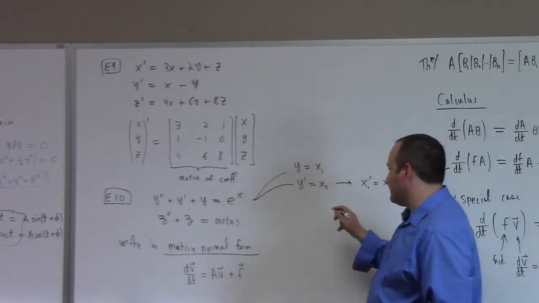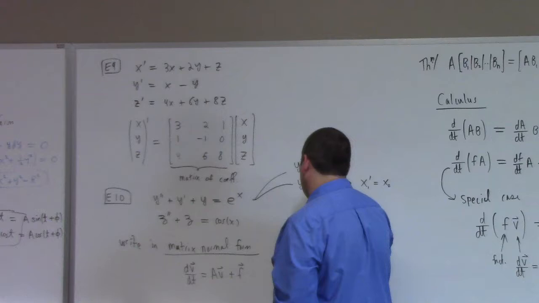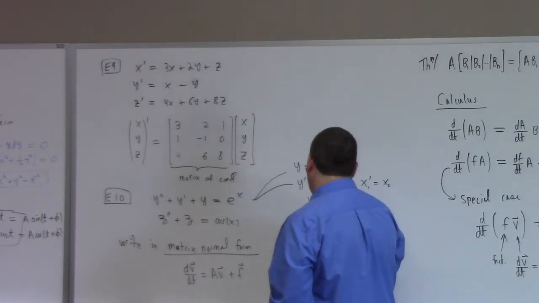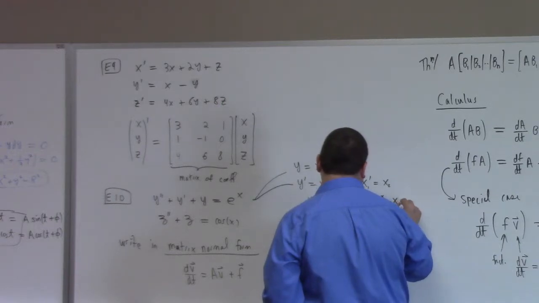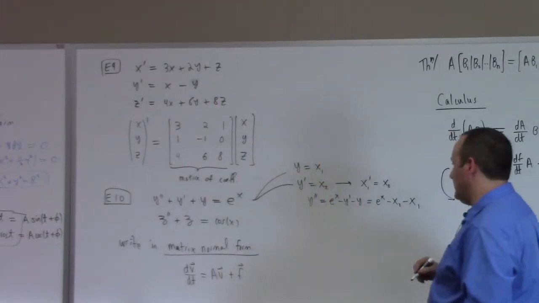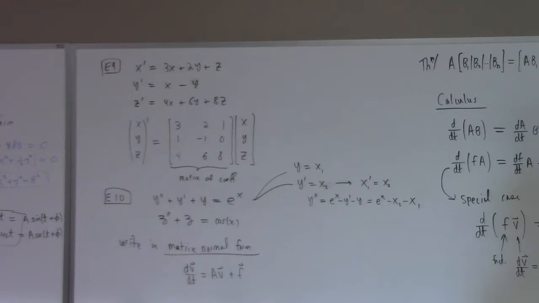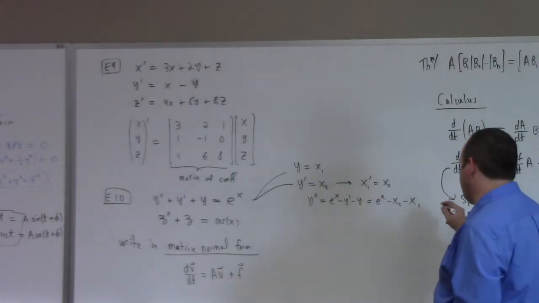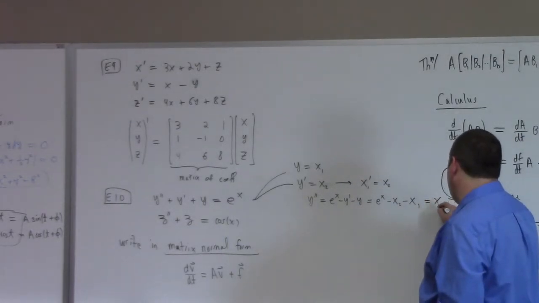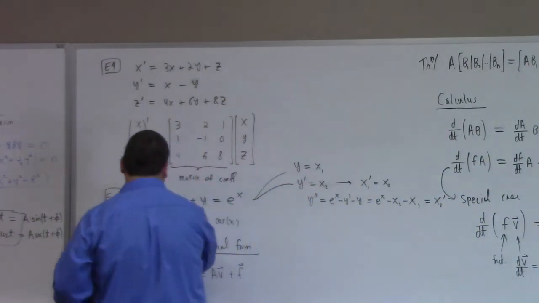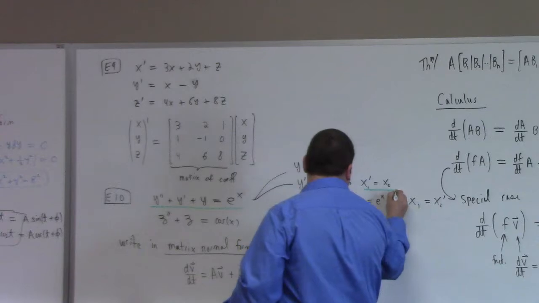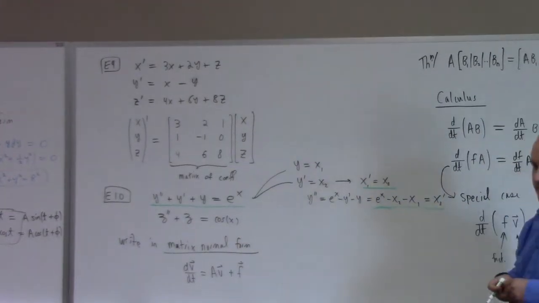What's y prime prime? It's e to the x minus y prime minus y, aka e to the x minus x2 minus x1. That's my x2 prime. So I traded my second-order differential equation for these two first-order differential equations.